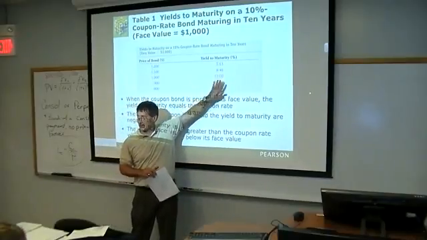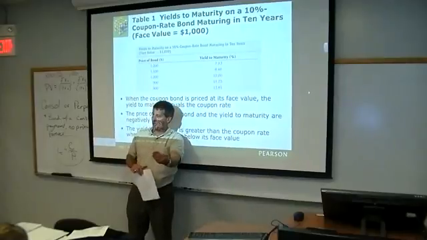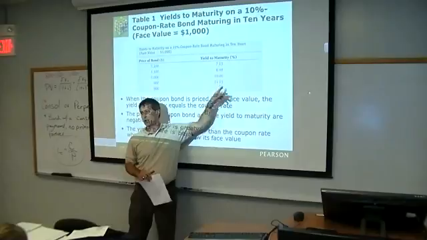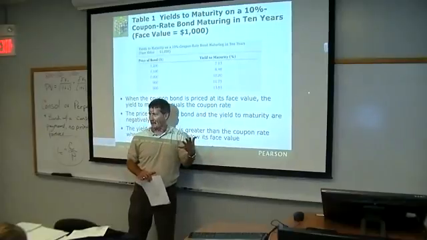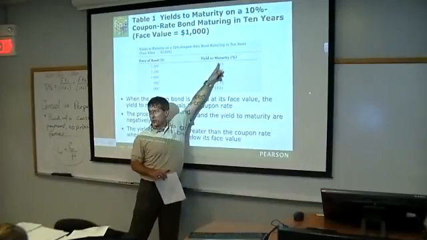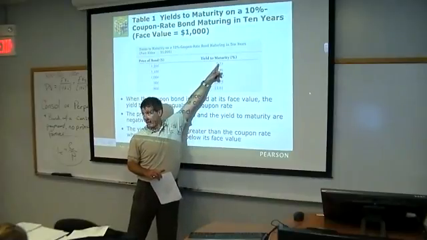So what that says is that when this junk bond was issued, junk bond market rates were 10% for this type of risk bond. Now market rates have dropped to 7%.